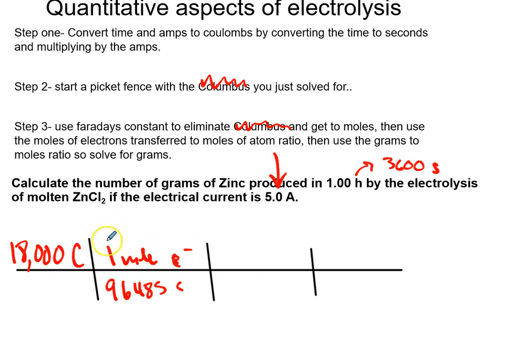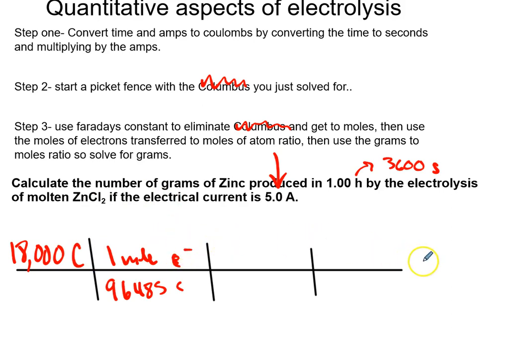And this is where I had my problem. I had that per 3 Faradays. And mole ratio twice. All right, so that's moles of electrons. Okay, and that's Faraday's constant. It's how we can get coulombs to moles of electrons.